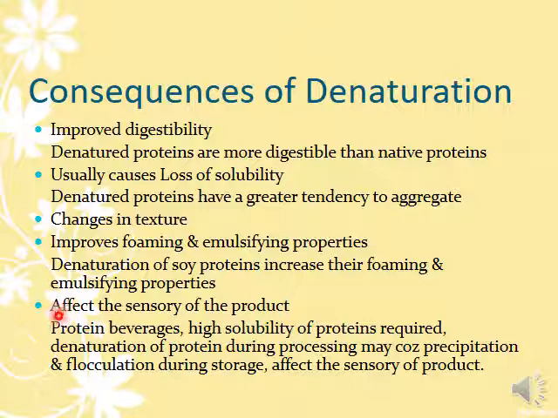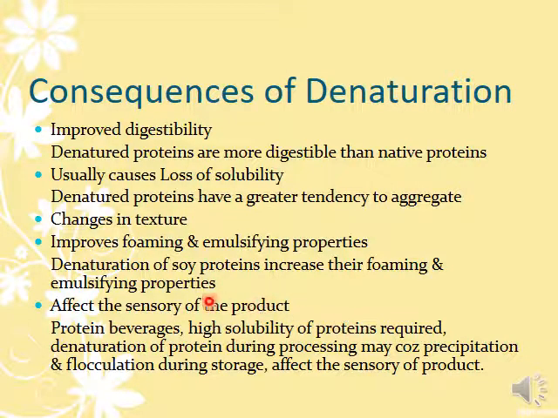Last consequence of protein denaturation is affecting the sensory of the product. For example, in beverages containing protein, the solubility of the protein in the beverages has to be high.